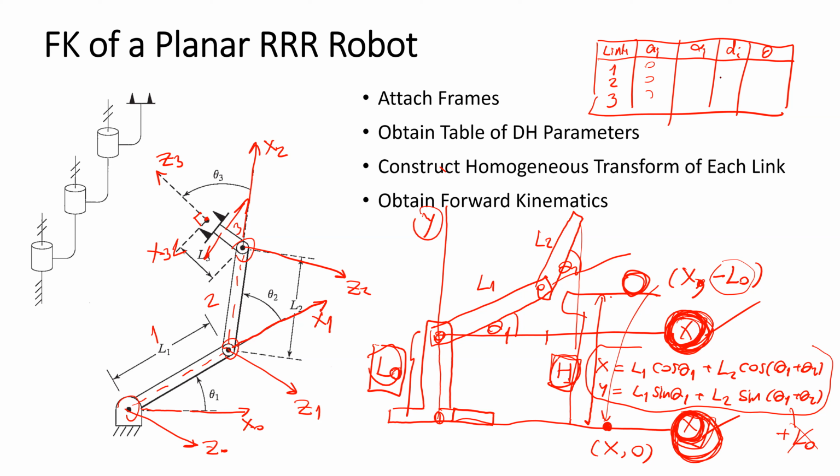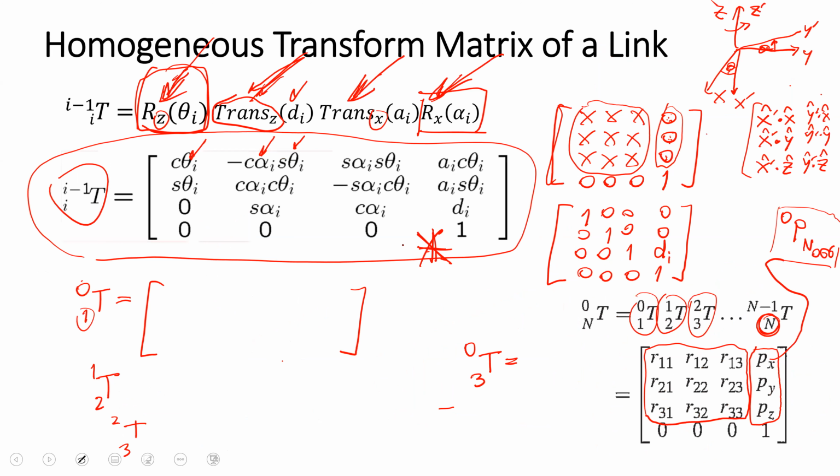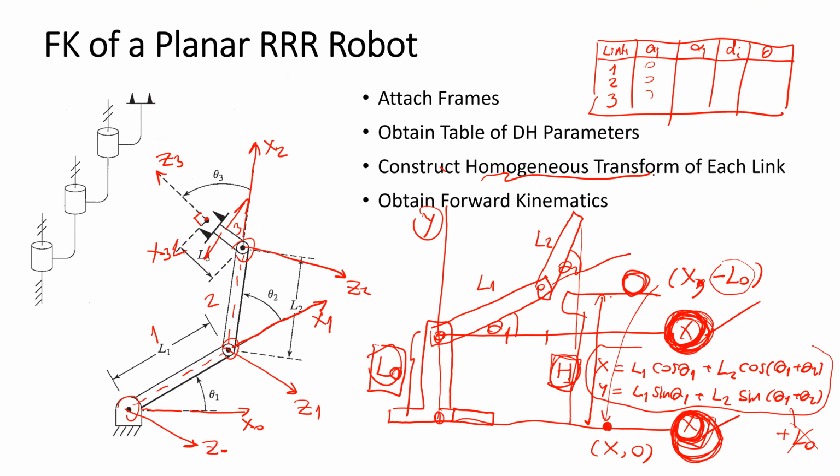When you get the parameters, you get the homogeneous transform by this matrix. And to obtain the forward kinematics, you find the product of the matrices.